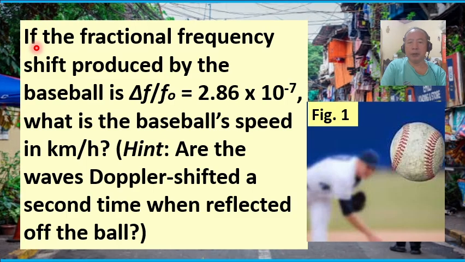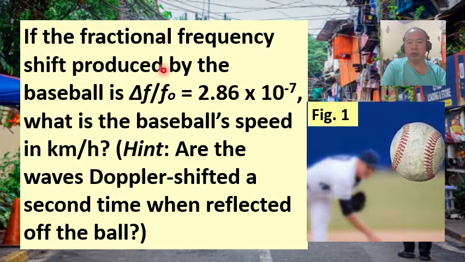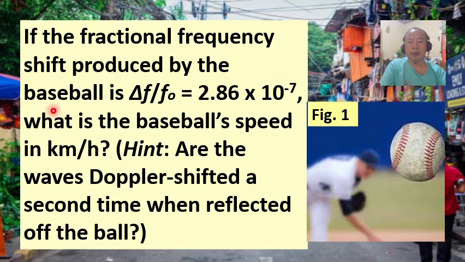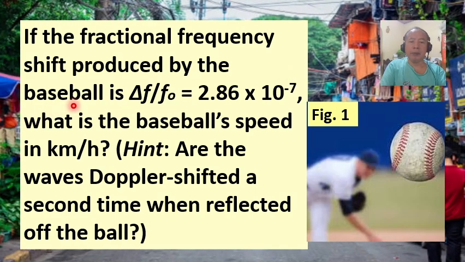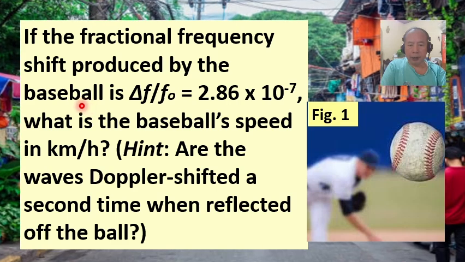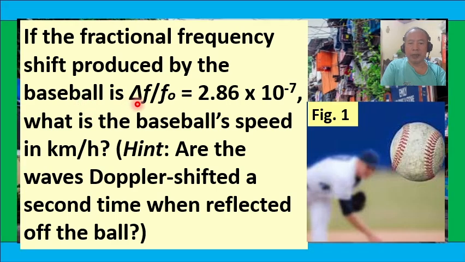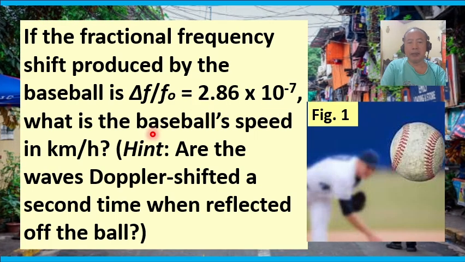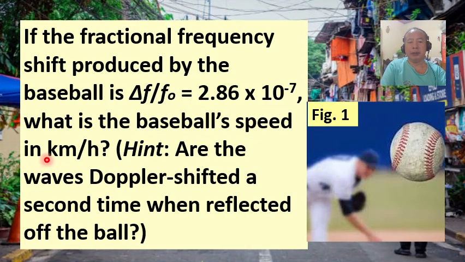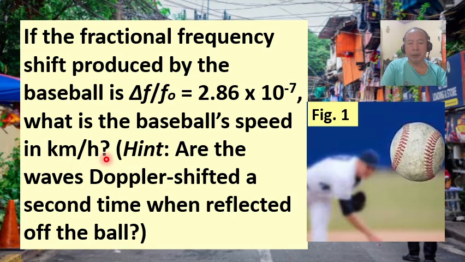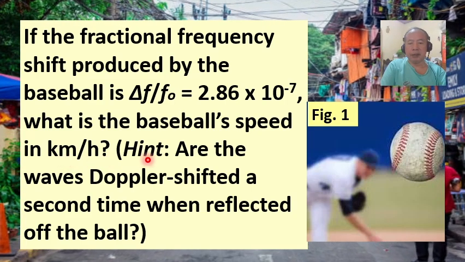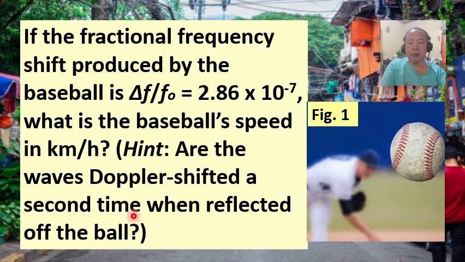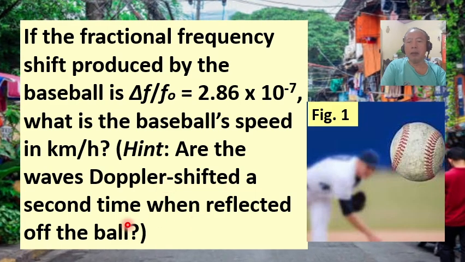If the fractional frequency shift produced by the baseball is delta f over f sub o equal to 2.86 times 10 raised to the negative 7, what is the baseball's speed in kilometers per hour? Hint: are the waves Doppler shifted a second time when reflected off the ball?